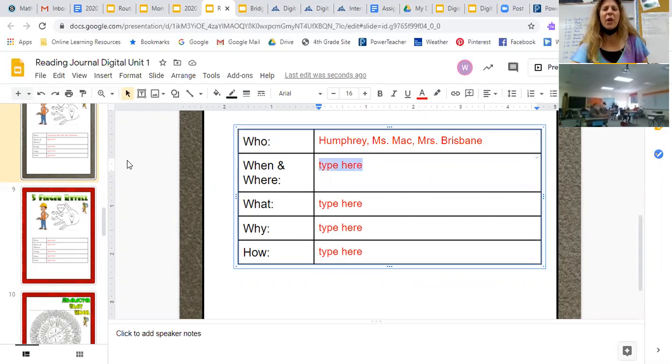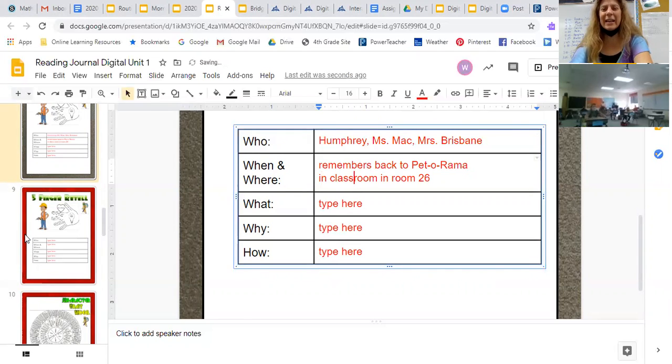Then I want to think about the when and the where. The when and the where of this part of the book is he remembers back to Panorama. And I am going to, this is not a complete sentence, so I don't like that it capitalizes it there. And then he's also in the classroom in room 26, right? Would you agree with that? Yeah, I would agree with that too.